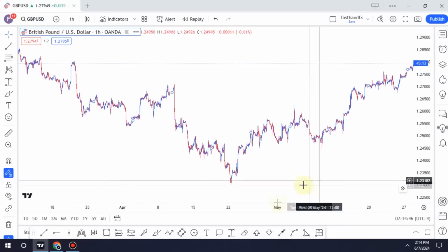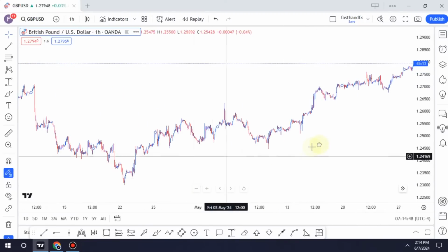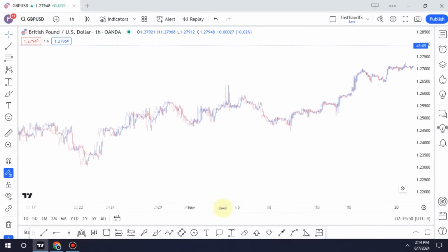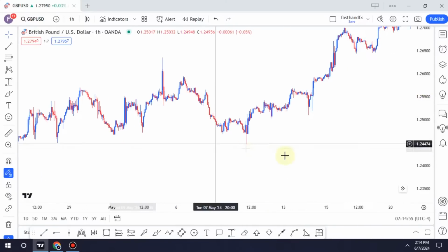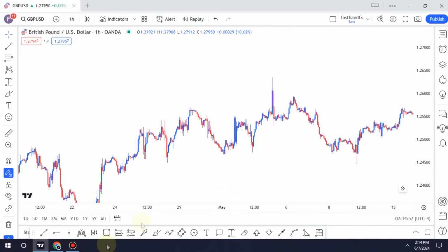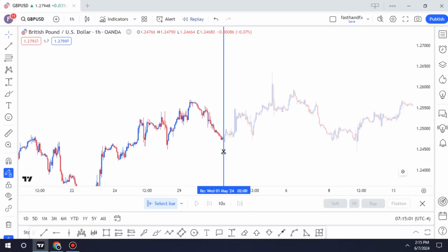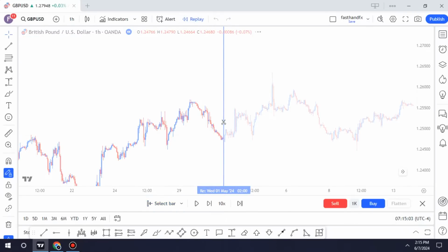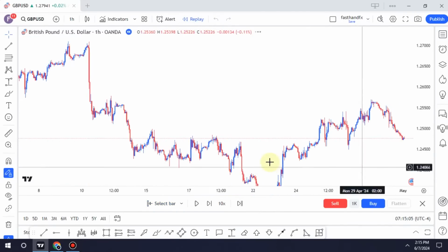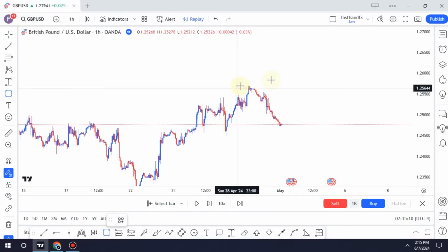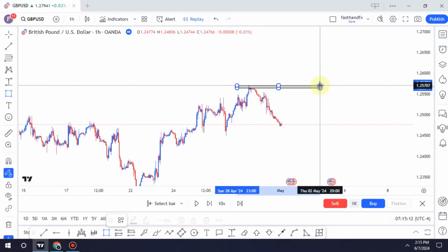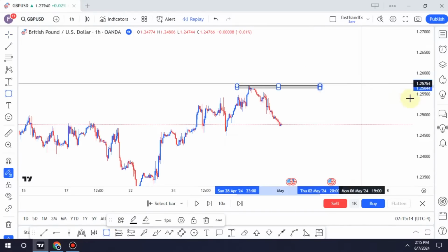Right here, if you zoom in, somewhere around here. If I hit my replay tool, for example, somewhere around that level, we have a selling pressure around here. So we might call that a supply zone because we have a selling pressure.